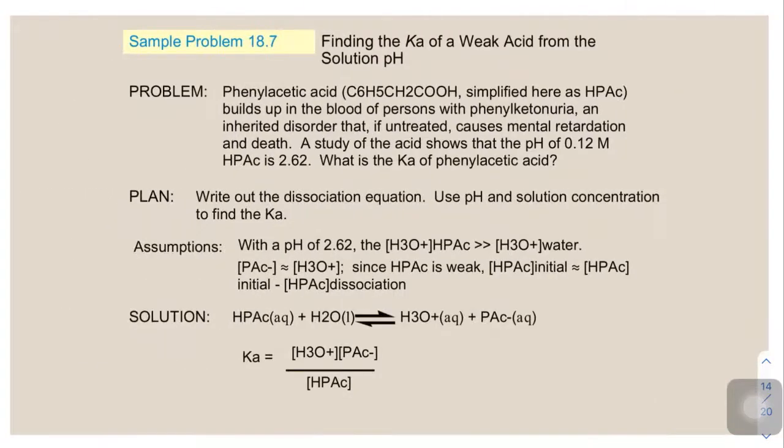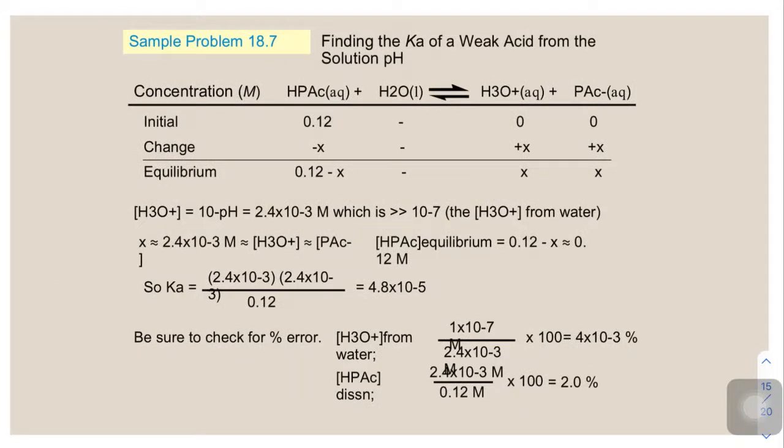The pH is given as 2.62. Since the pH is given, we can calculate the concentration of the H3O+. So the concentration of the H3O+ is equal to 2.4 times 10 to the negative 3. This is actually the x value here.